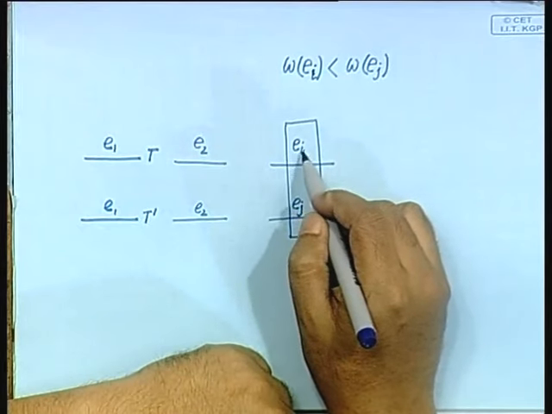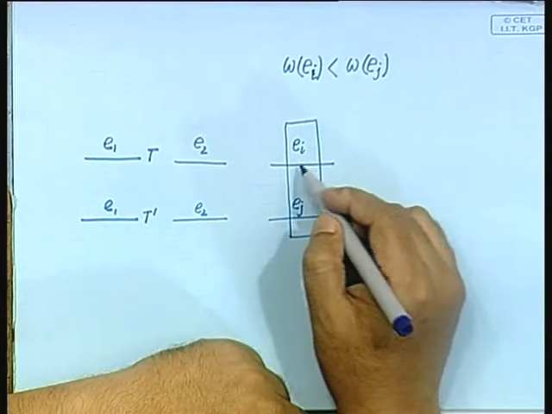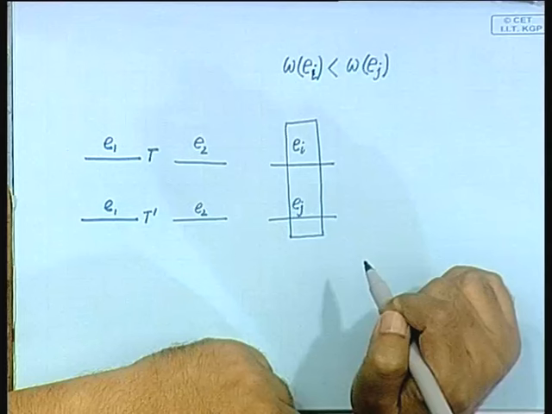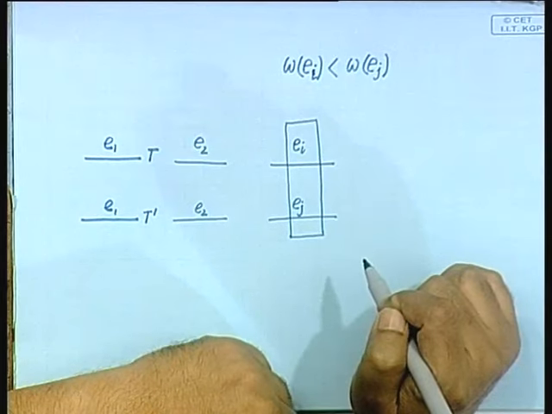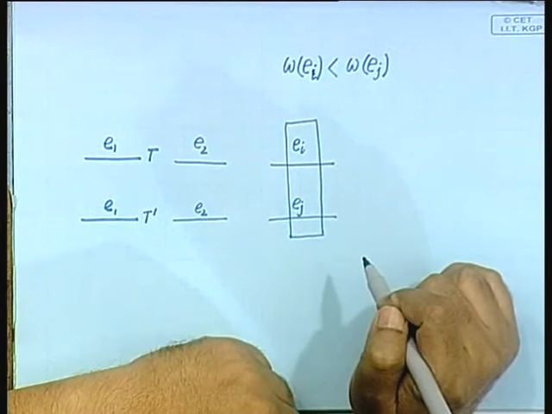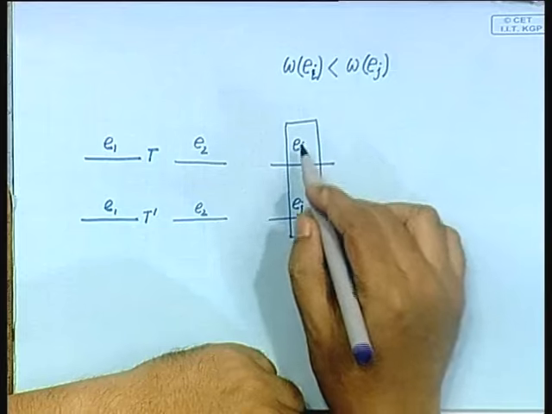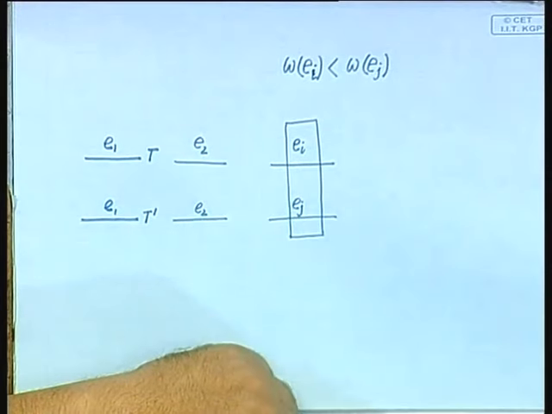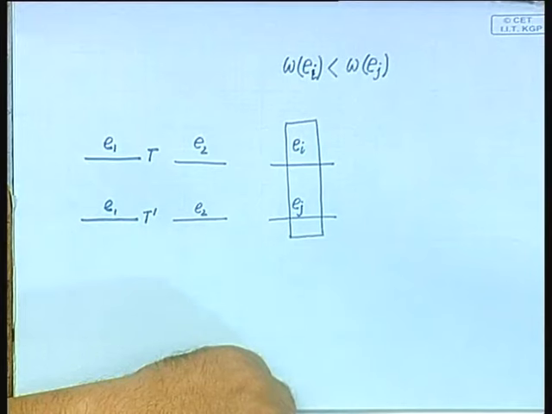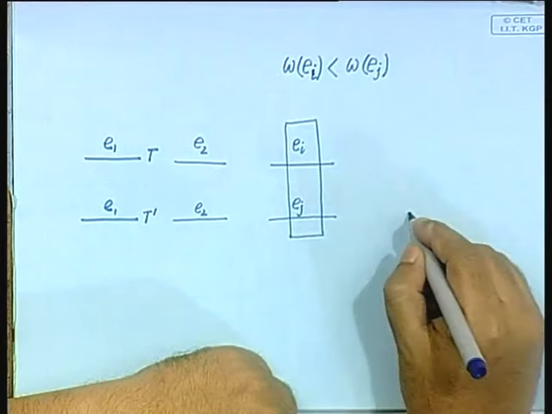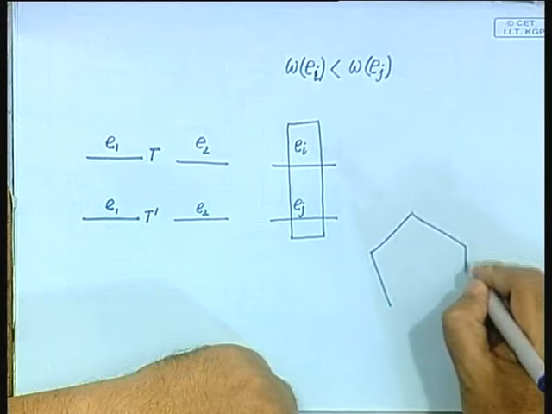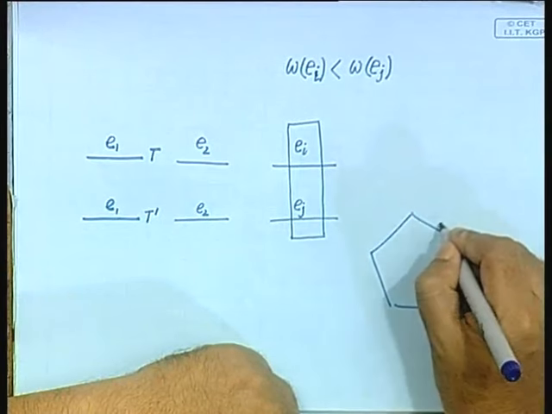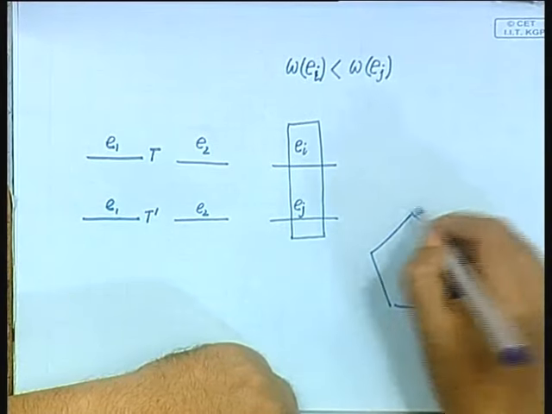See, Ei is not there in T dash, right? Okay. Now, if I put Ei in T dash, it will create a cycle, right. Let this be the cycle. Ei is there in this cycle.